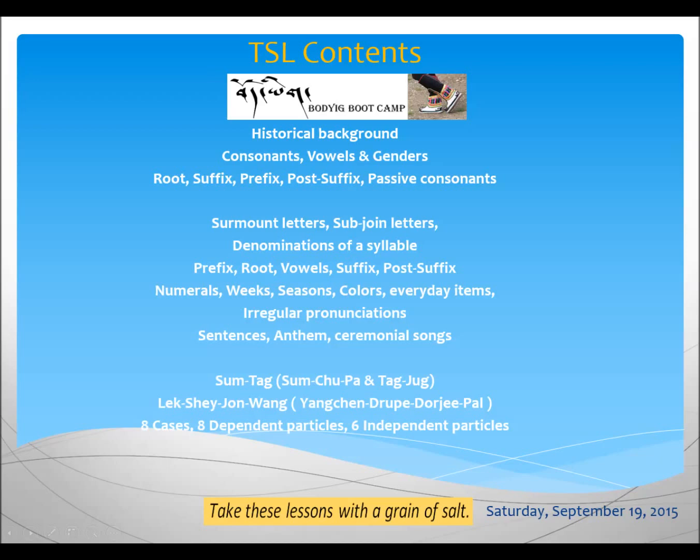So that's why we learned this as a student when we were kids. And in Sumjupa, it talks about the 8 different cases, or namye, we call it in Tibetan, and then 8 dependent particles, and then 6 independent particles. So basically in Sumjupa, these are the topics we cover.